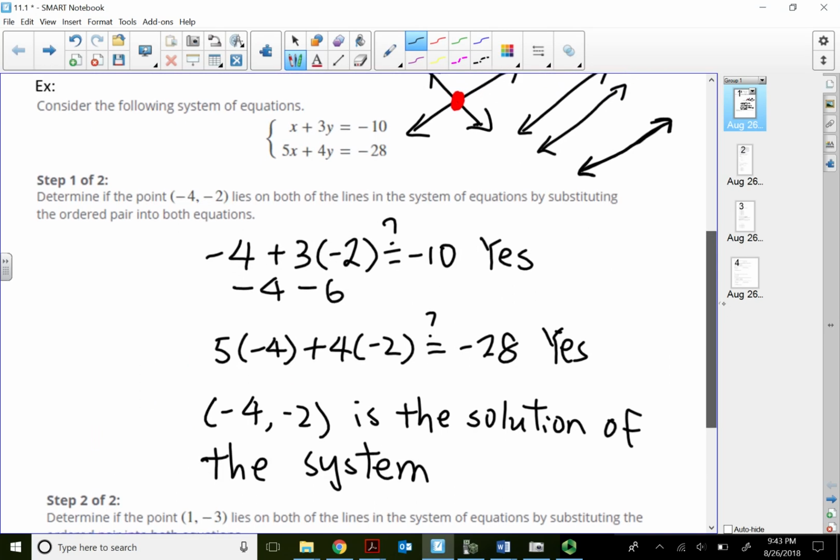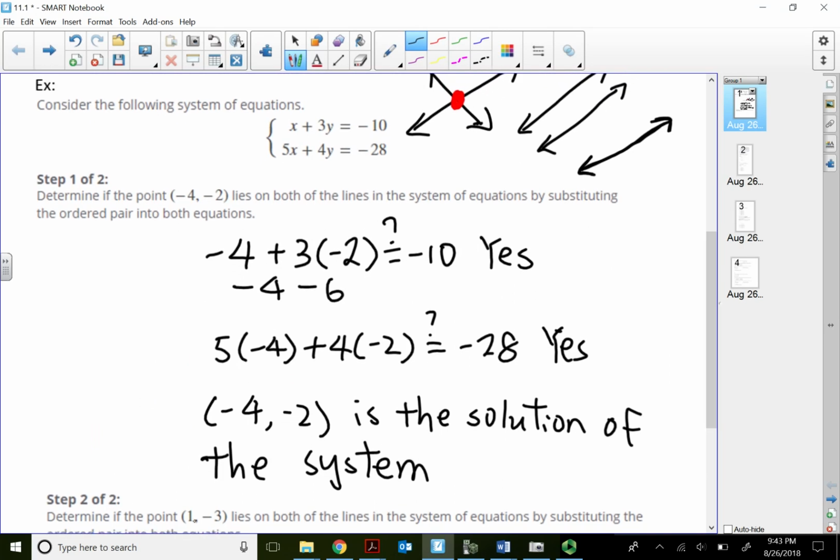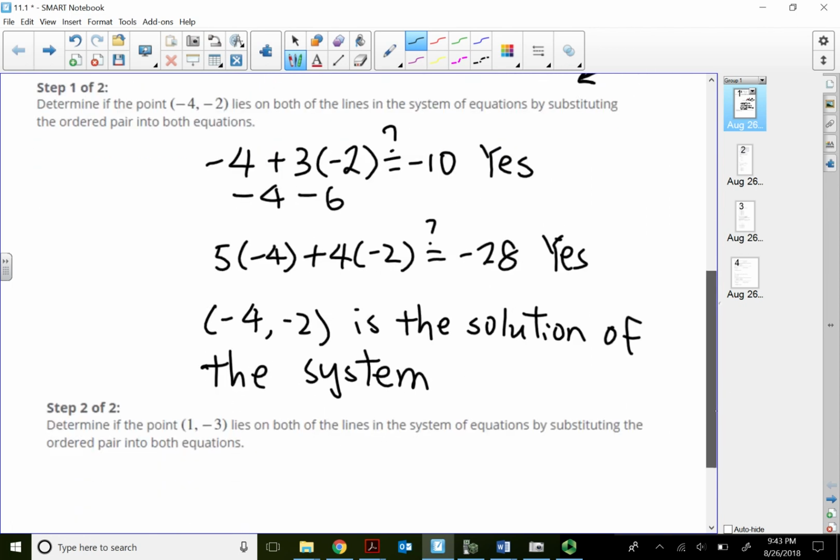All right. So again, take 1 and negative 3, substitute into x and y for both equations, and see if it's true. So let's give it a try. 1 substituted for x gives 1 plus 3 times negative 3. Does that equal negative 10?